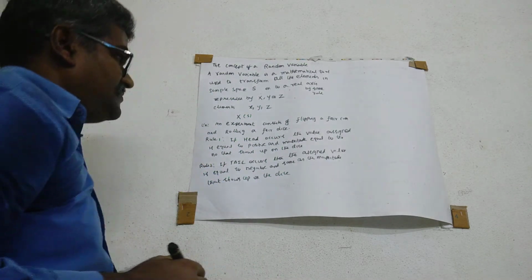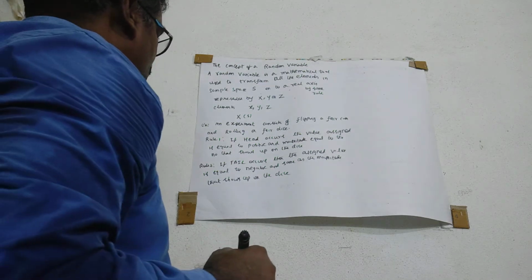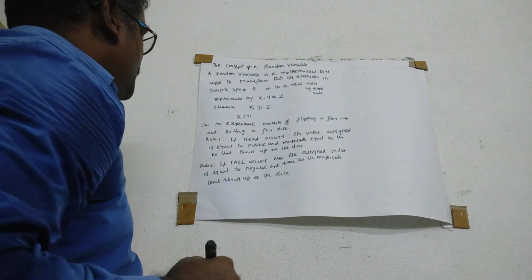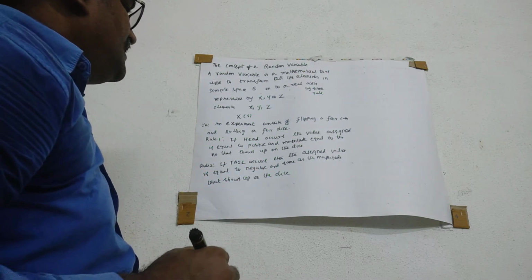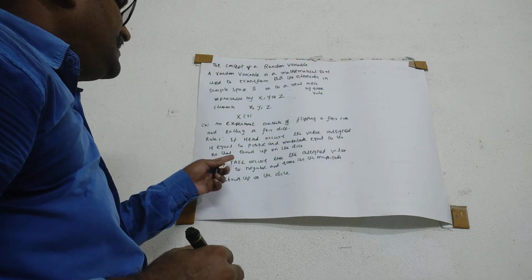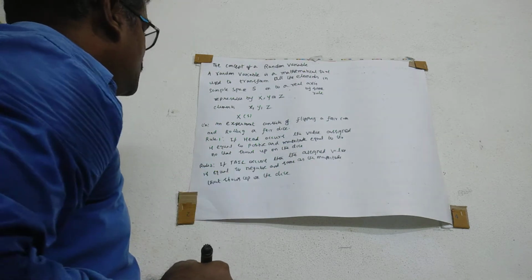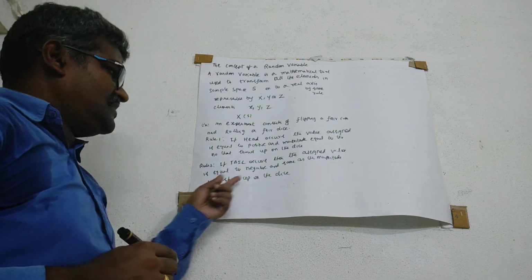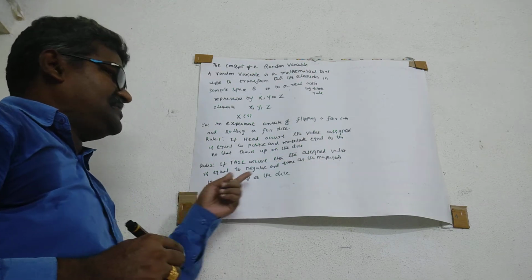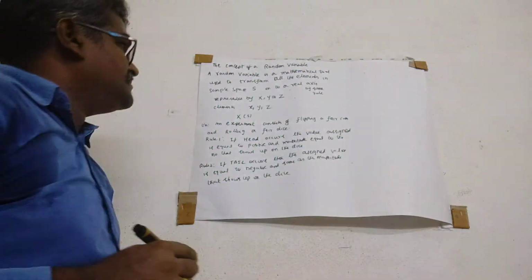Okay, Rule 2 says that the value assigned for the corresponding elements in the sample space is negative and the magnitude is the same as the number that shows up on the dice.